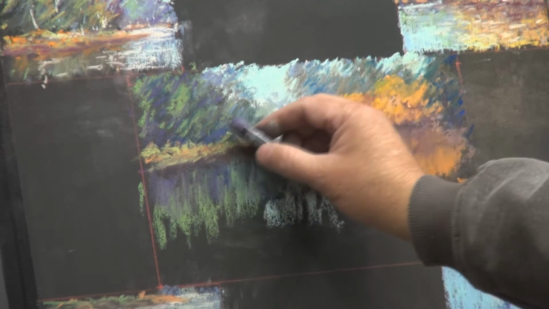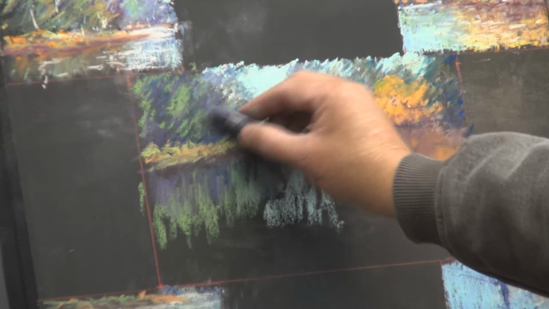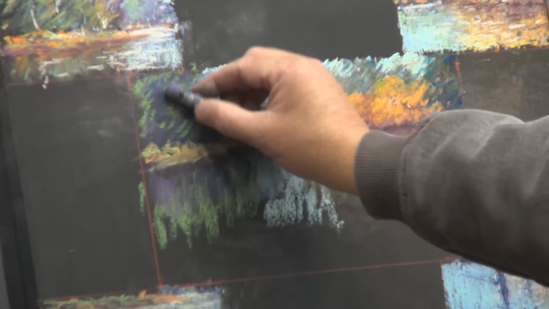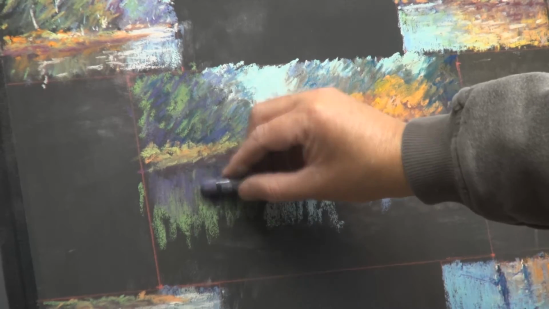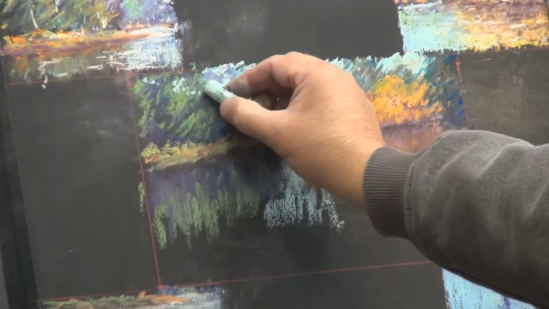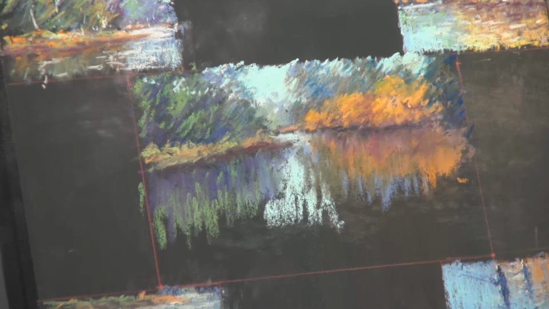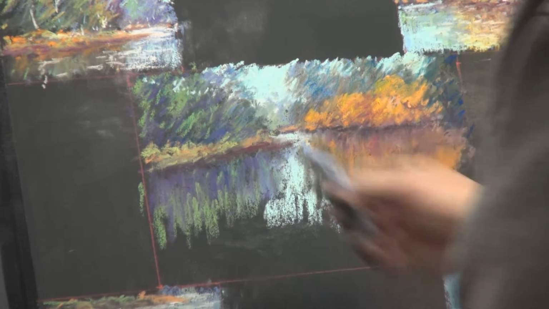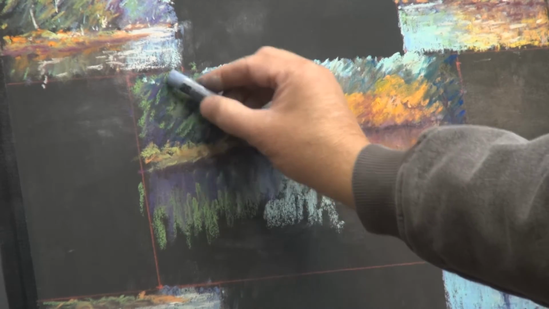Trees on the left hand side are in shadow with a touch of brightness through that as far as a little bit of light hitting. Little holes in the trees creating the illusion that you're seeing through them.